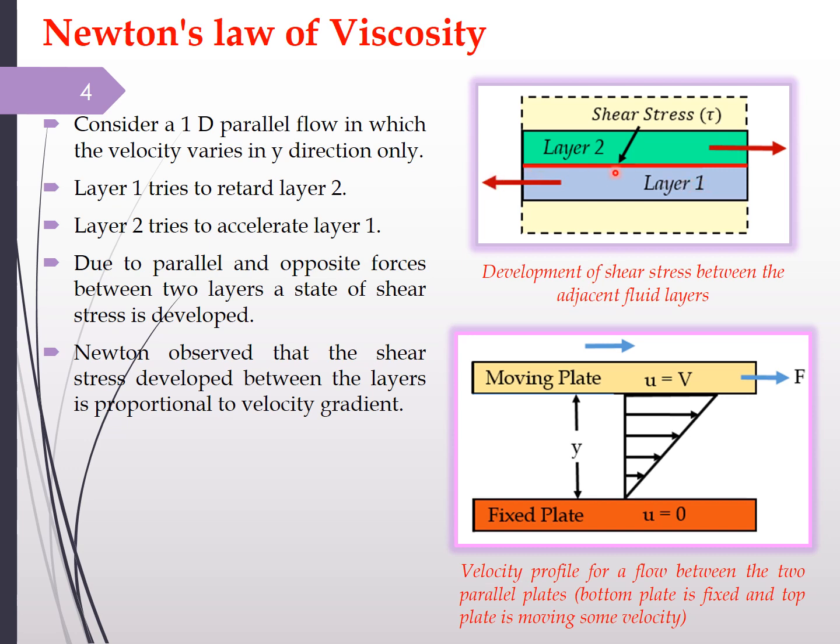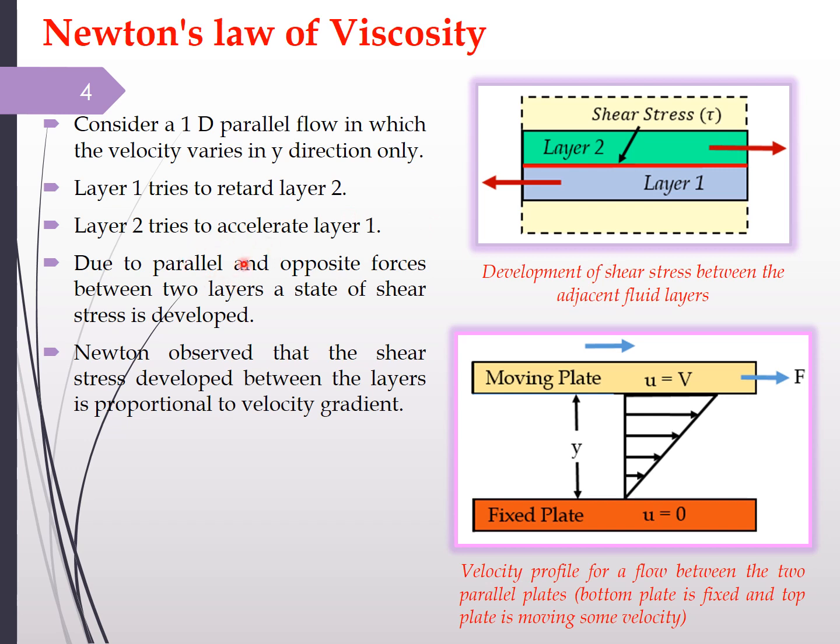So a field of shear stress will develop between the two layers, because one will try to move in that direction and the other will try to retard it, because Newton's third law of motion will come into action. This layer is going towards one side, but the other layer will produce an equal and opposite reaction. Since the force is tangential, a tangential stress or shear stress will develop between the two layers on that particular area.